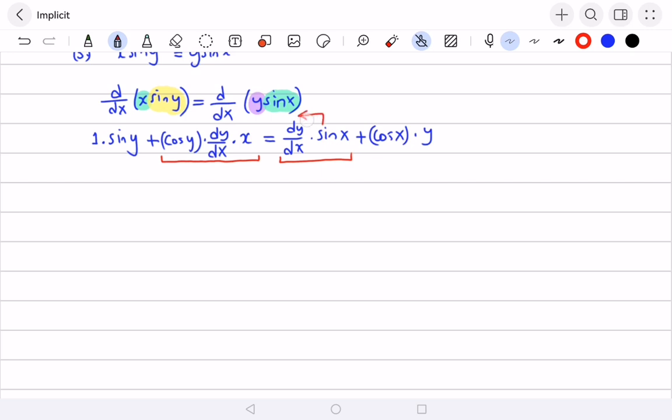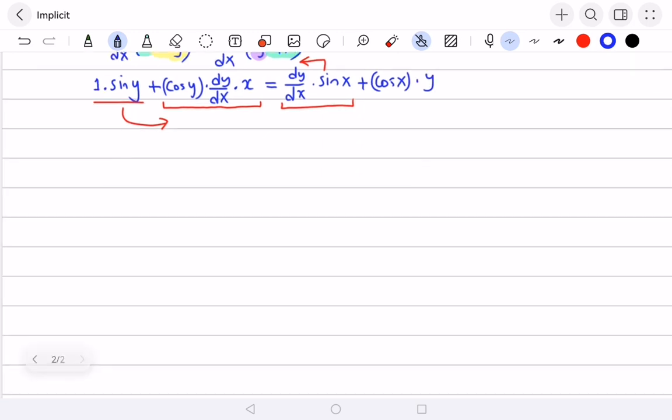So we're going to take this one to the right hand side, and this one we're going to take to the left hand side, and this sin y we take to the right hand side. So this is going to be rewritten as x cos y dy over dx minus dy over dx sin x.